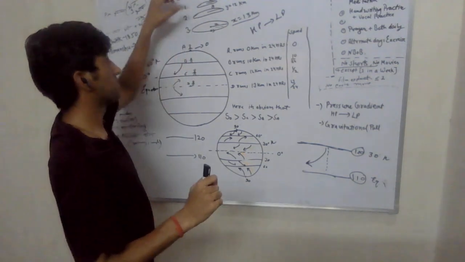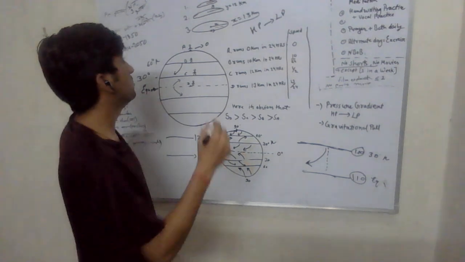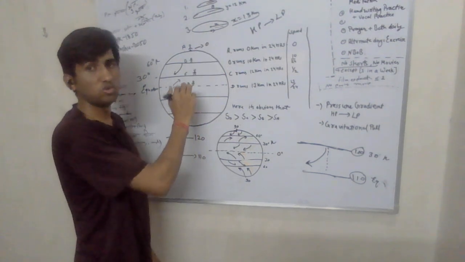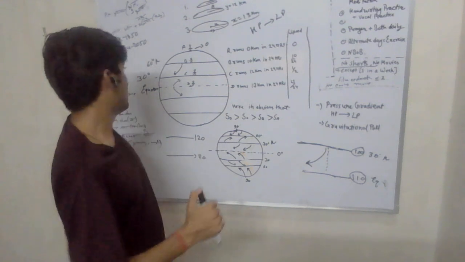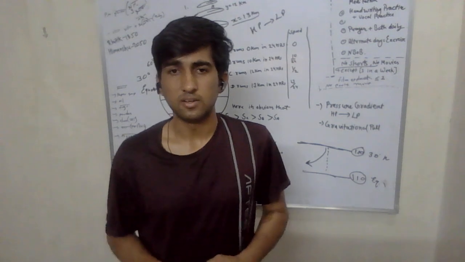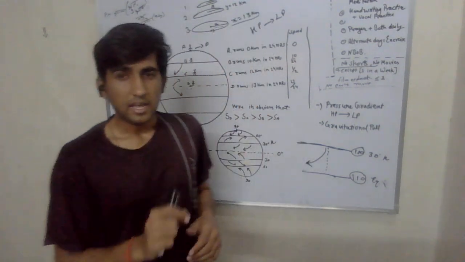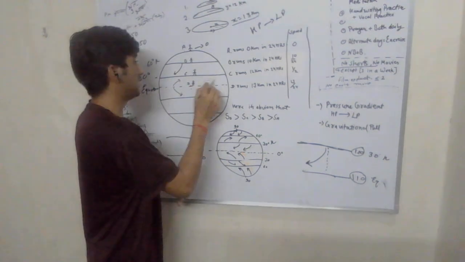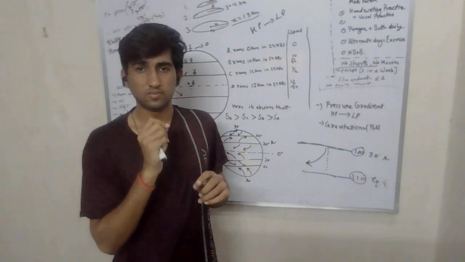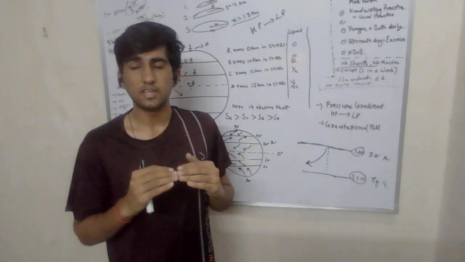And if you compare these two circles, you will observe that the speed of B is far more than the speed of C. So what does this mean? This basically means that the air in the latitude of tropical region moves slower than the air at the equator.